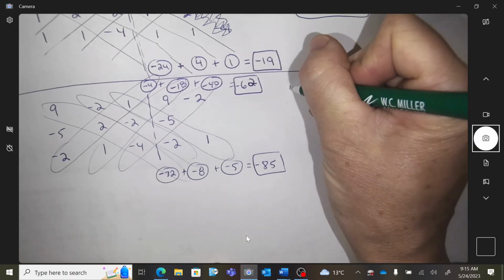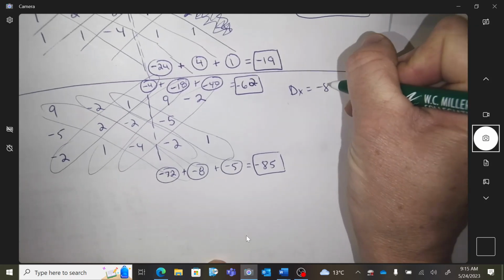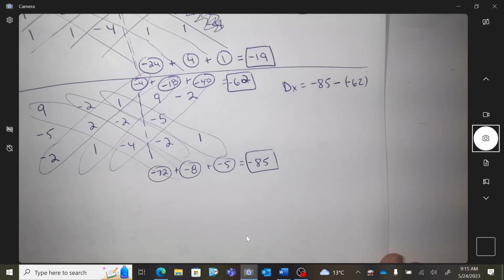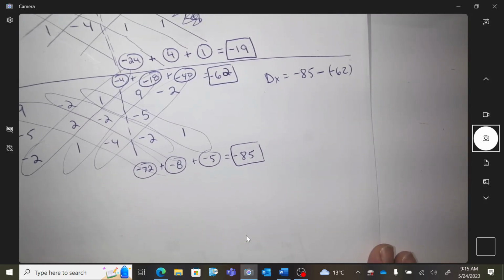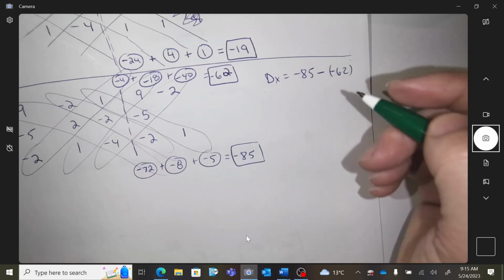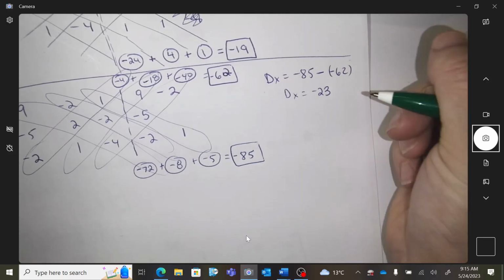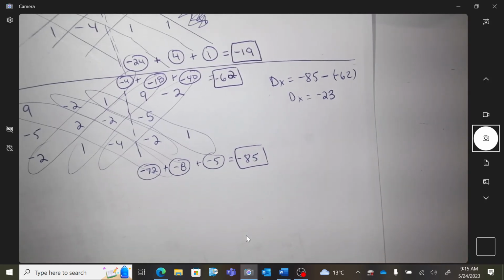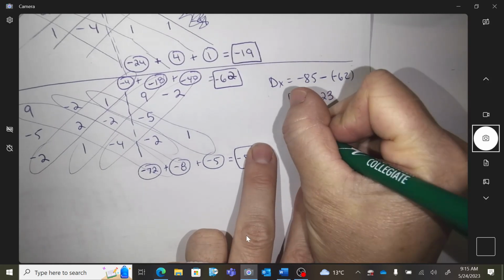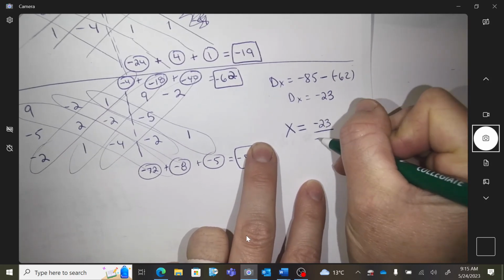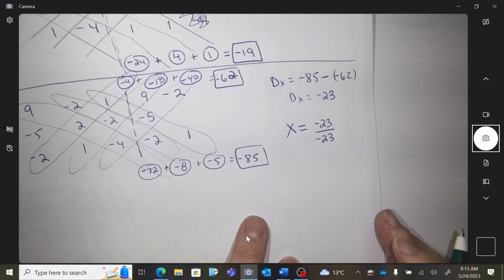Okay, so determinant x equals the downs minus the ups, which ends up being -23, right? Yeah. So my conclusion is x equals this determinant divided by our original determinant.